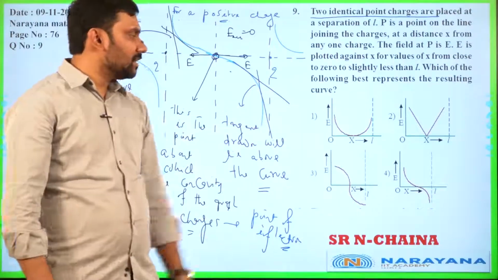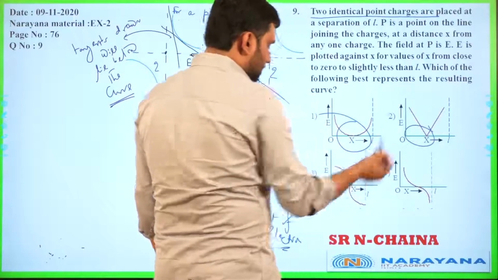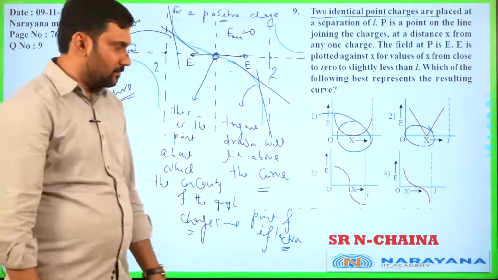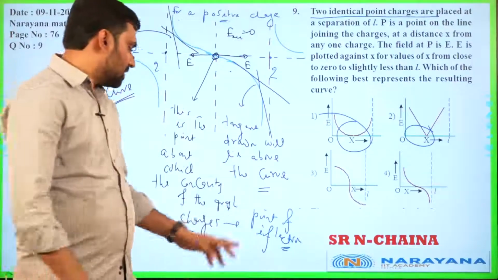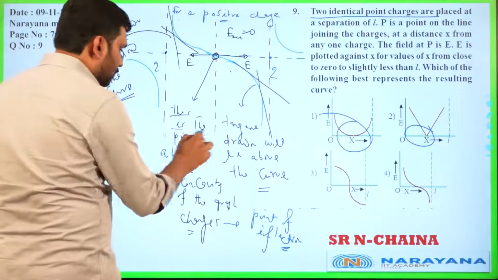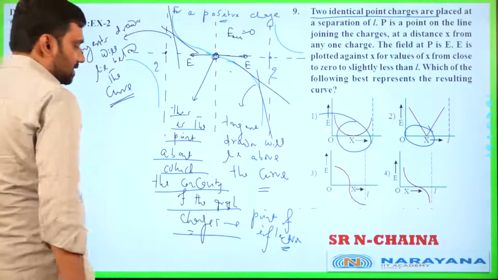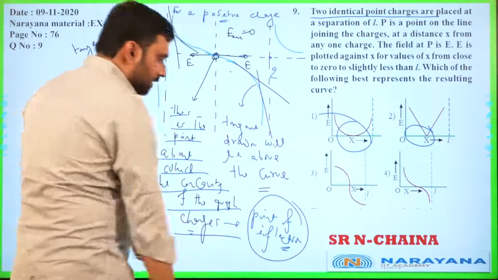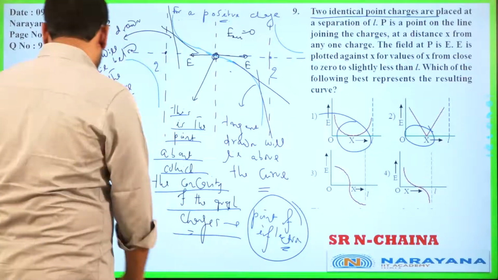So accordingly, you judge. Is this maintaining a point of inflection? No. Here it is opposite actually. So it will come somewhere here. Right? Okay. So this is the concept. Please don't forget this one. So in between two identical charges, we will get a point of inflection. Okay? Idea clear? Let's move ahead.